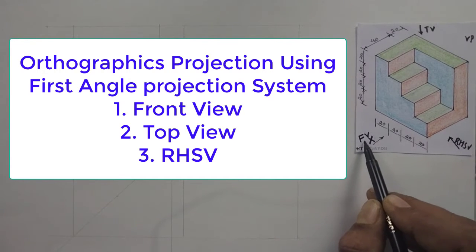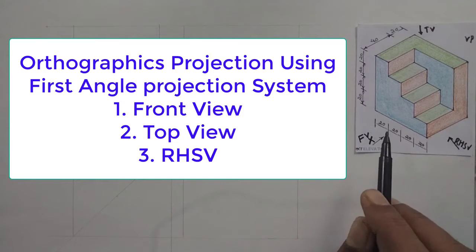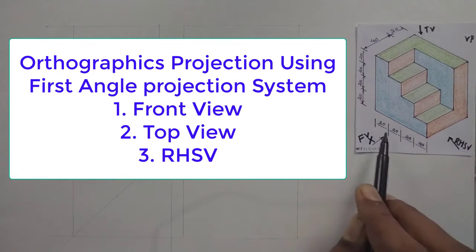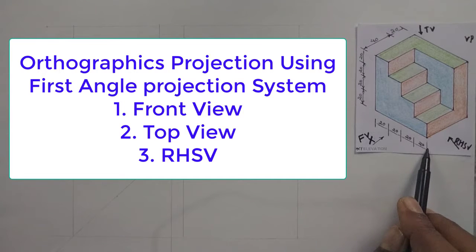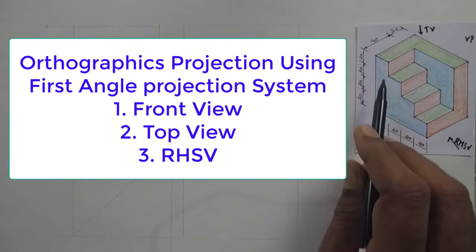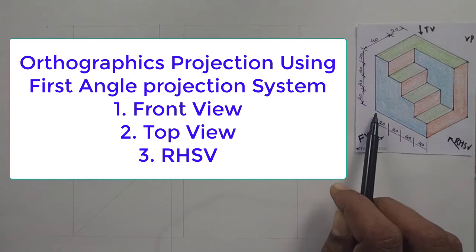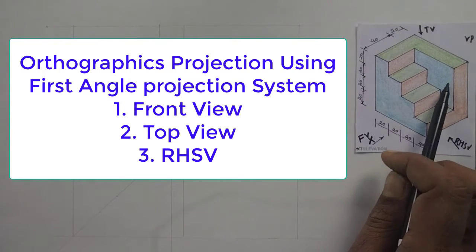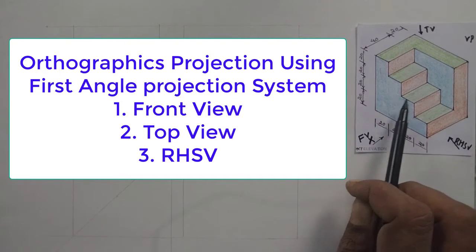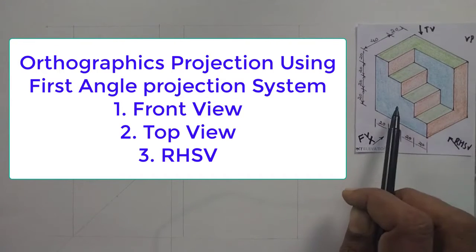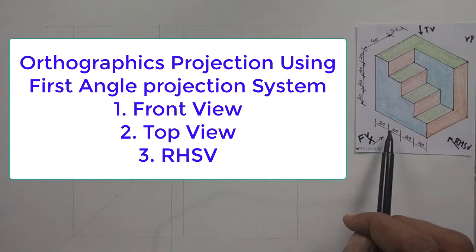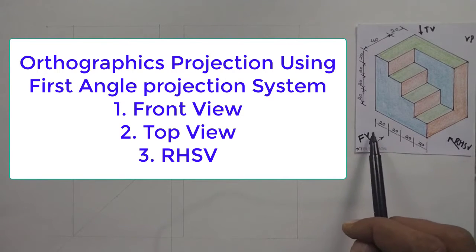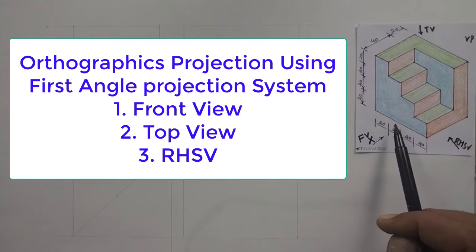From the front view direction you can read the length of the object, which is 80 mm, and the height of the object, which is also 80 mm. The blue shaded vertical surface of our isometric is fully visible from the front view orientation.